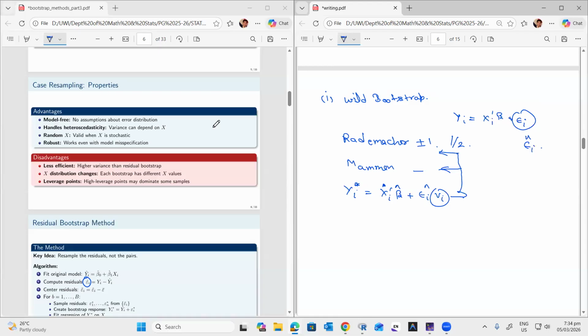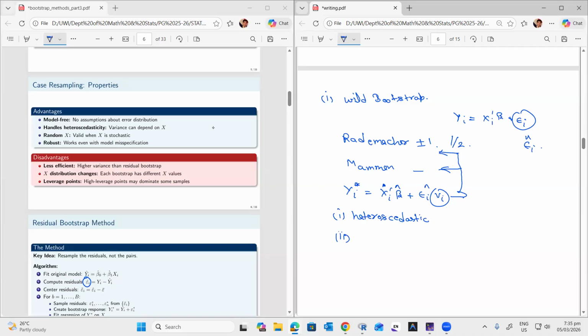The assumption regarding this method is heteroscedasticity: this model is designed for heteroscedastic errors. So two things: first, it is not homoscedastic, it is heteroscedastic.